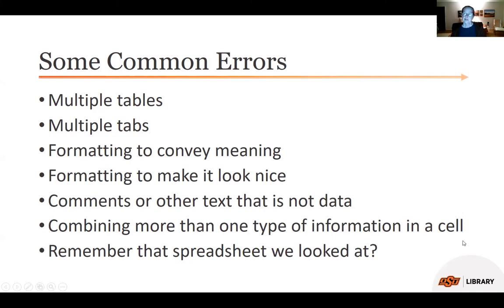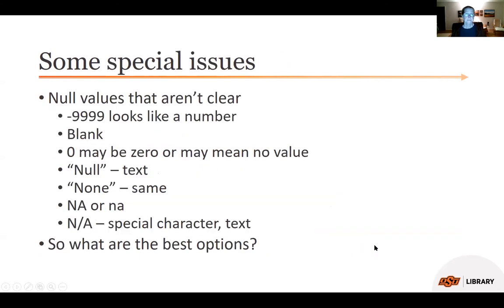You might just record the density, but the best thing to do is to record your measurements, your mass and your volume, and then do the actual calculation of your density someplace else, either in a software package or in a different spreadsheet. So the spreadsheet we looked at demonstrated a number of these.